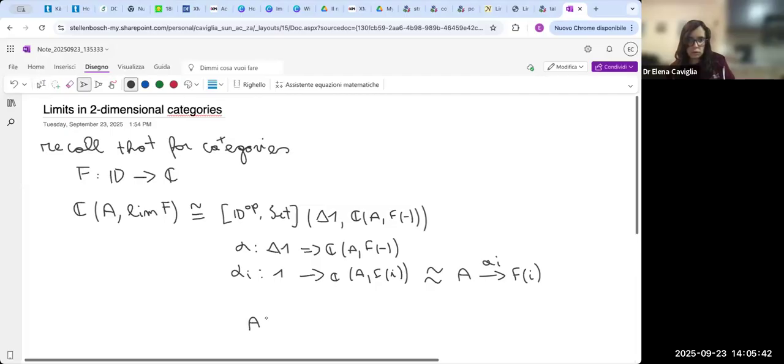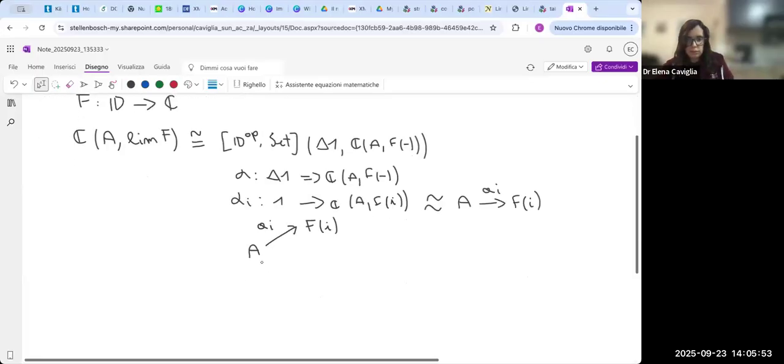For every I we have an arrow A_I, and they form triangles. If we have A_J here, and a morphism in D from I to J, we have a commutative triangle like this. So this is the cone.